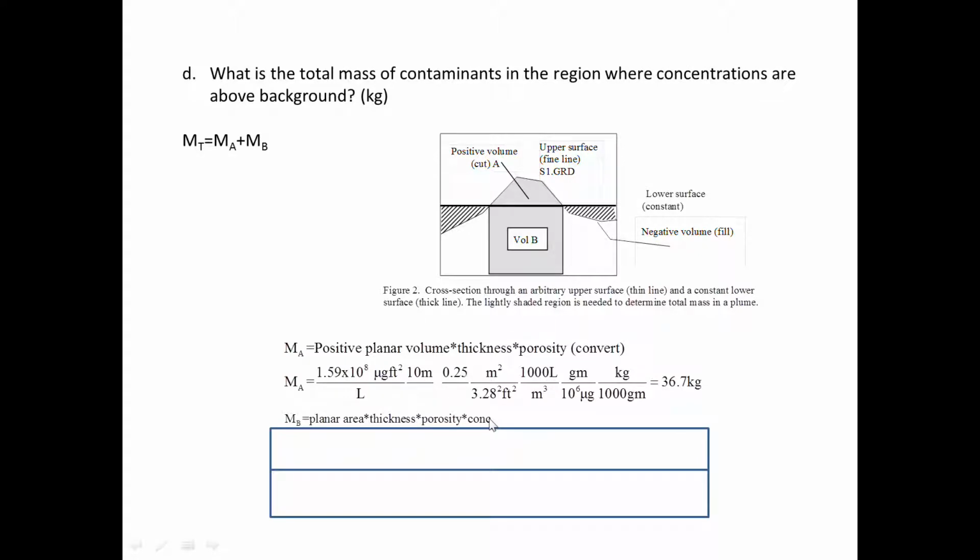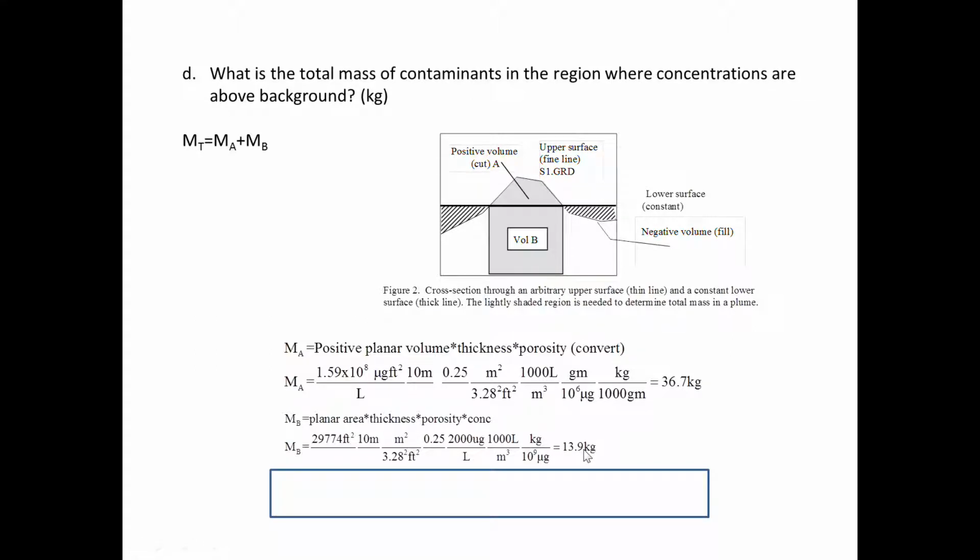So the planar area, we already calculated that in the previous problem. That's this many square feet. The thickness is 10 meters. The porosity is here, and the concentration now is 2,000 micrograms per liter. And then we go through and do these conversions, and we come up with this value, 13 kilograms.